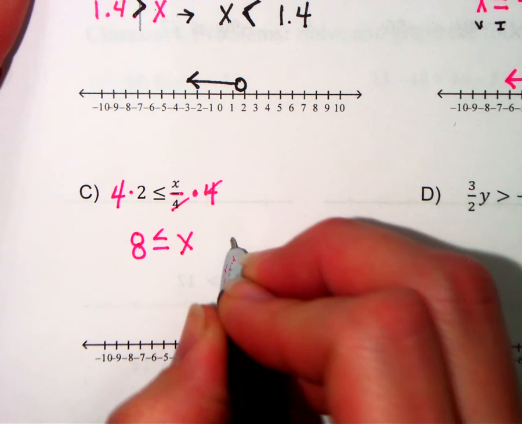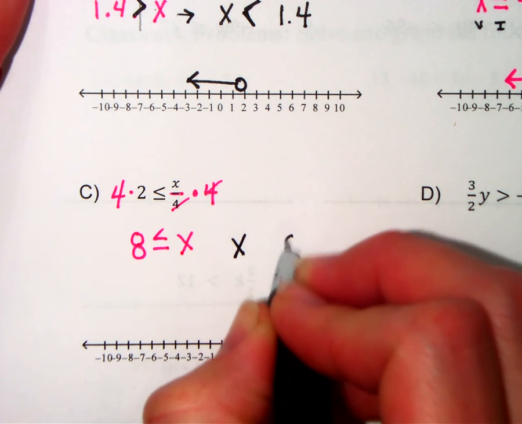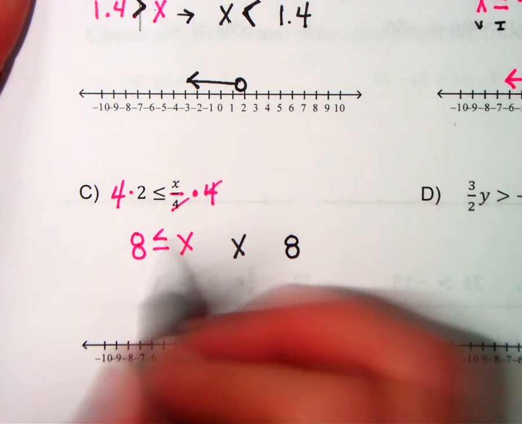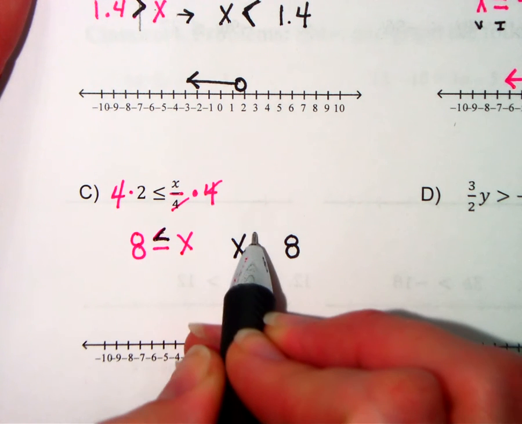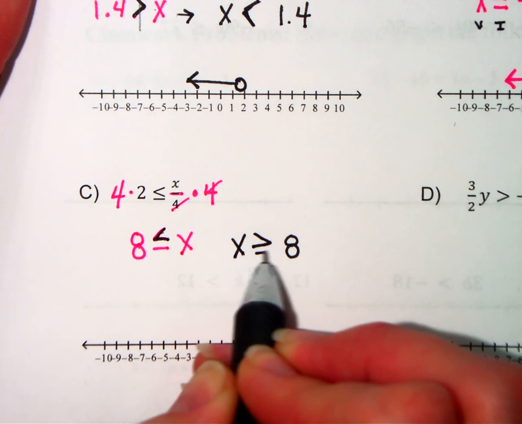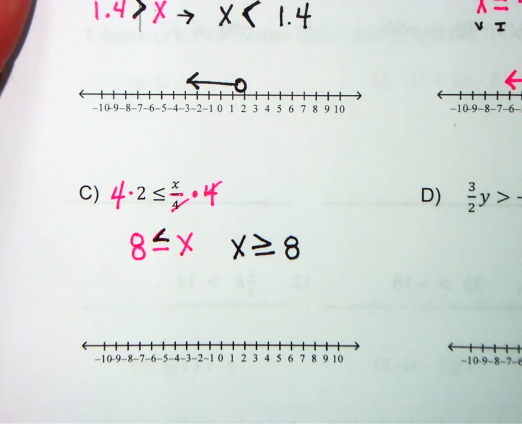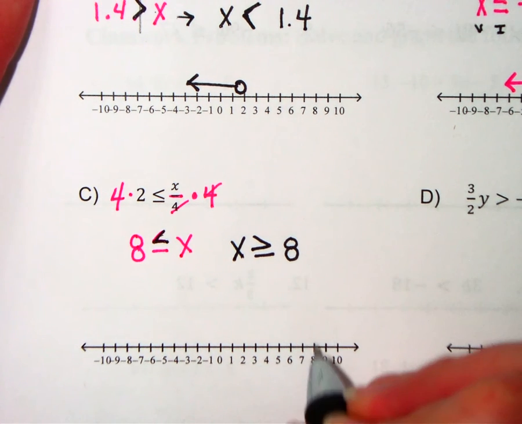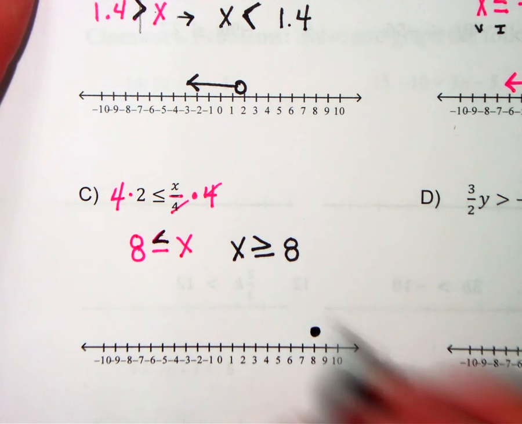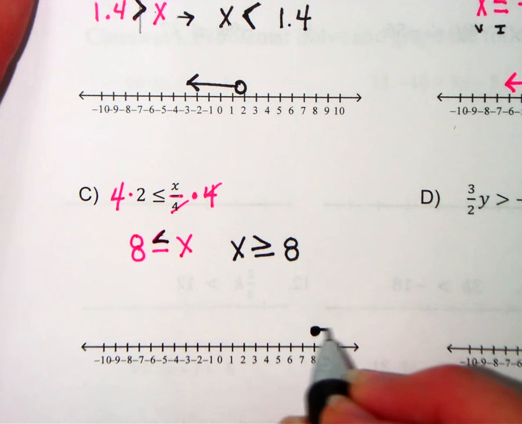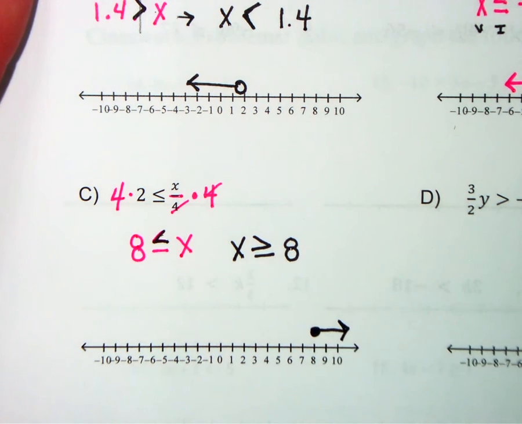To switch it to VIN form, I put the X on the left, number on the right. This symbol is opening up to the X, or it's pointing at the 8, so I need to make sure it is doing the same thing when I switch it around, so it'll flip-flop. So 8 is going to have a filled-in circle at 8. I'm going to point my arrow to the right.